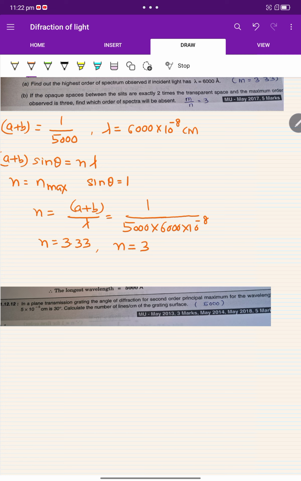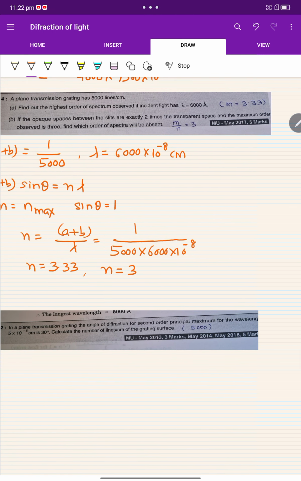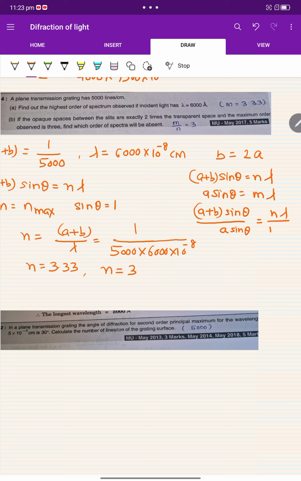Now in the same question, we need to find the missing order. The question says that the opaque space is twice the transparent space. We know the formula A plus B sine theta is equal to n lambda for interference maxima, and A sine theta is equal to m lambda for diffraction minima. We'll divide: A plus B sine theta over A sine theta is equal to n lambda divided by m lambda.